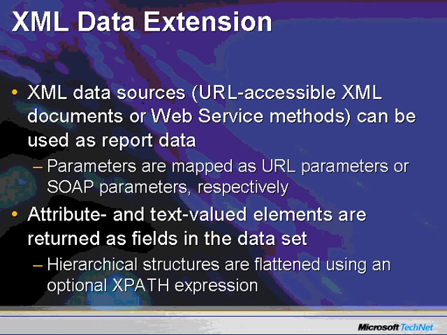So basically, we find the first deep branch and return that. Optionally, you can specify an expression as part of the query that we'll use to flatten the output. It's basically an XPath expression. It tells it what path to use for the data set, the base row in the data set.